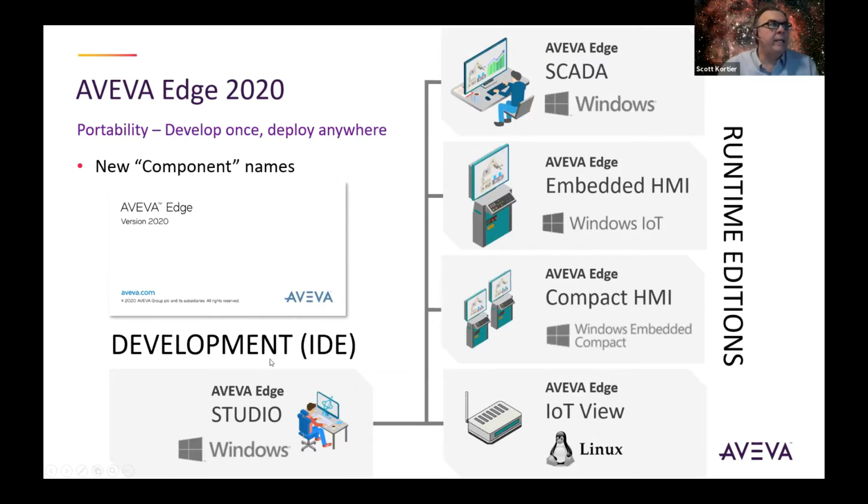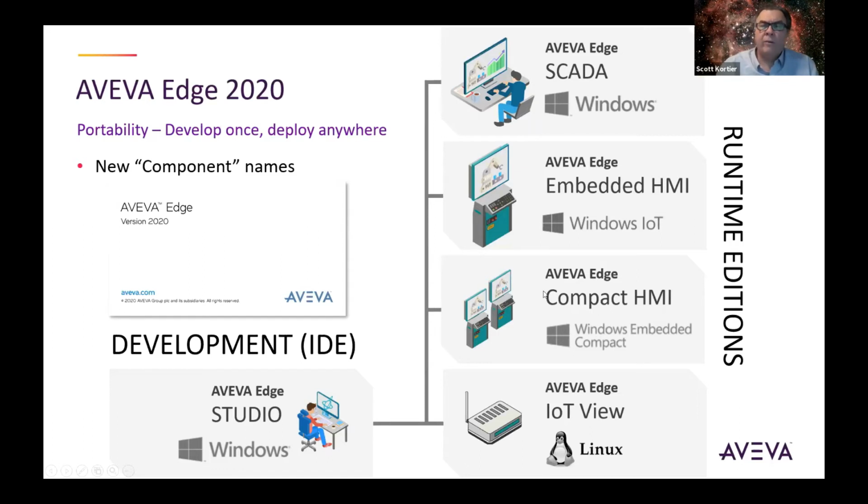So there's really several components to this product. And if I mention this bullet here, we've come up with new names for these components. So the development interface, we've renamed, we now call this AVEVA Edge Studio, or just simply Studio. And again, that's the development IDE.